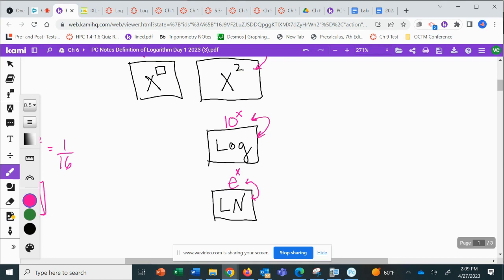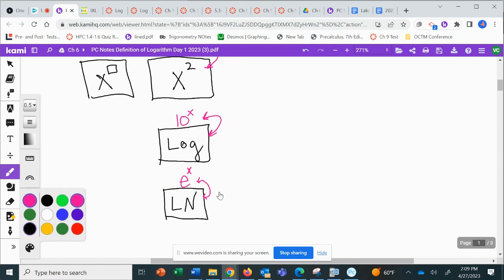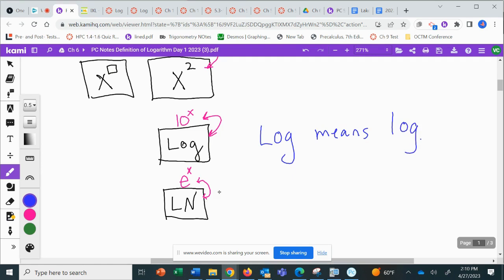Now, the log button is not every single log we're going to use. Like how we were using log base 3 and log base 2, this is not log base 3. This is not log base 2. This button right here is a log base 10. So if you see log by itself, it means log with a base of 10. It's called the common log.